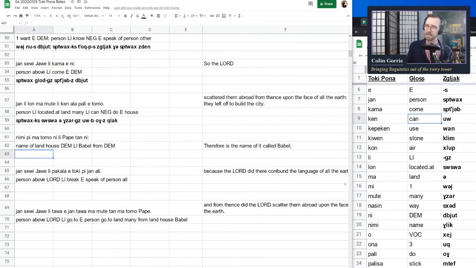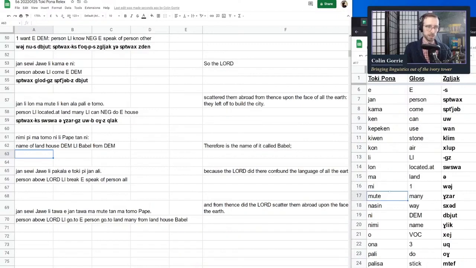Could be wrong. Any Toki Pona speakers correct me. Matomo, land house. City, name of land house demonstrative, so name of this city is Babel from this, roughly speaking.